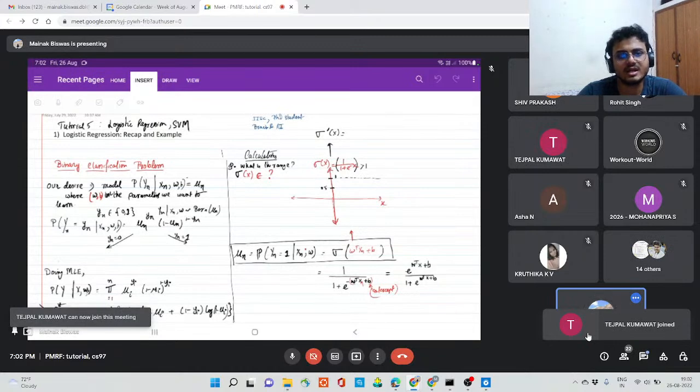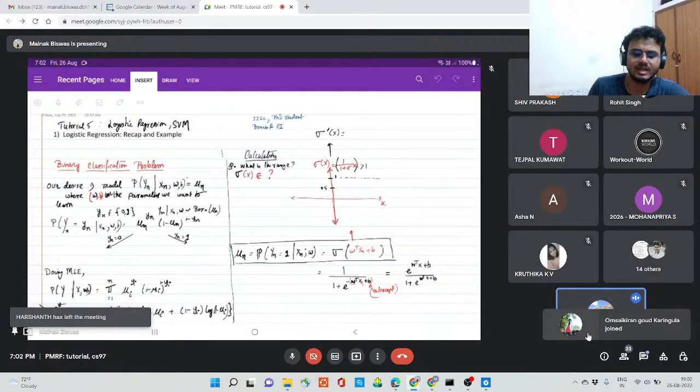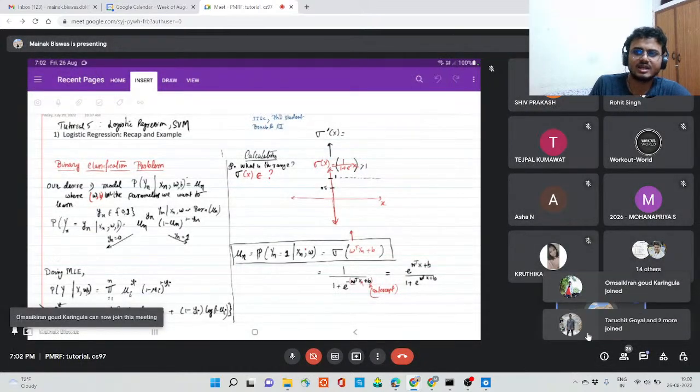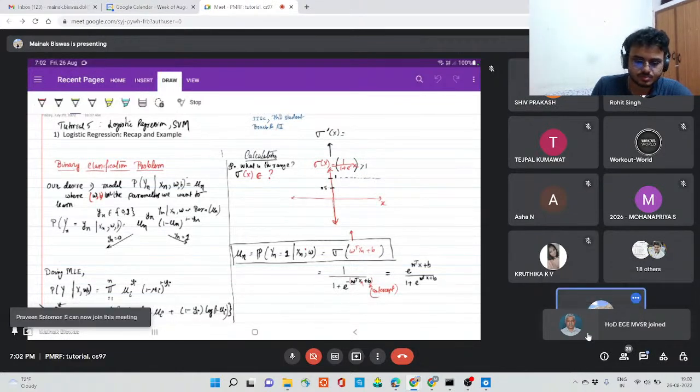Anyways, we'll be doing logistic regression for some time, because we have already looked into it, and most TAs will do that as well. But the most important thing that we'll be doing today is SVMs. We'll also code an SVM from scratch without using any library as such.